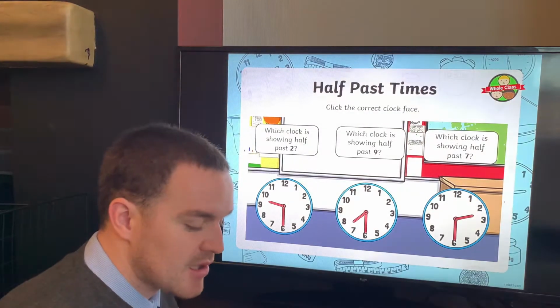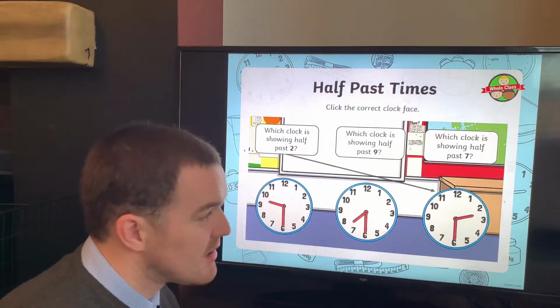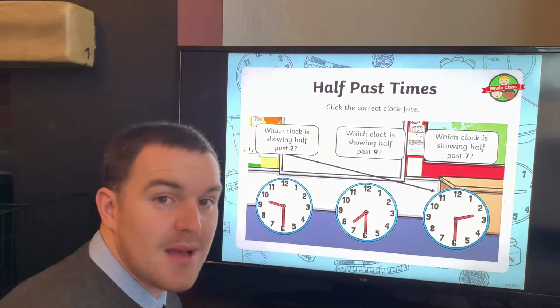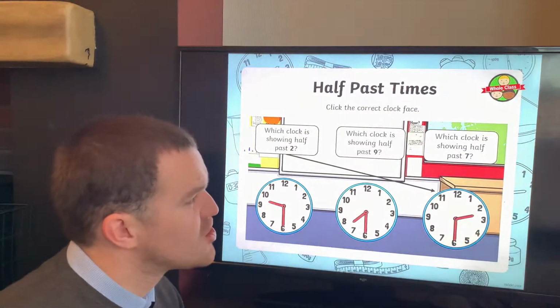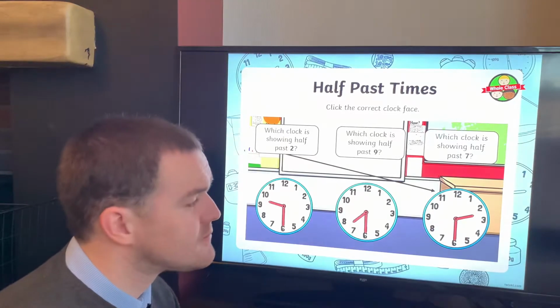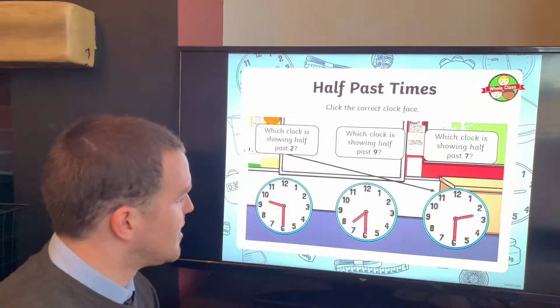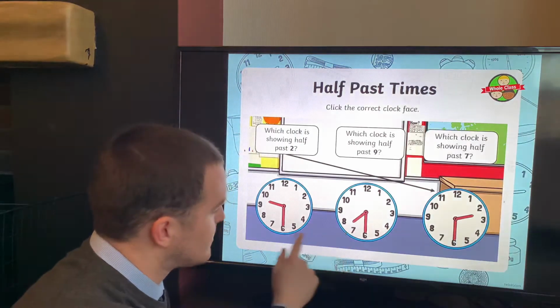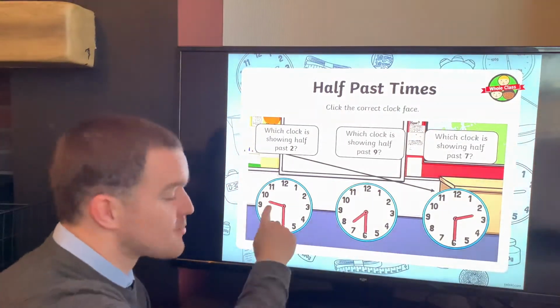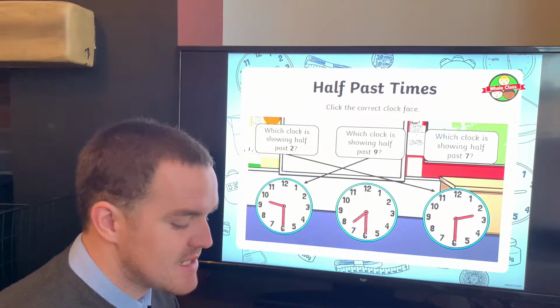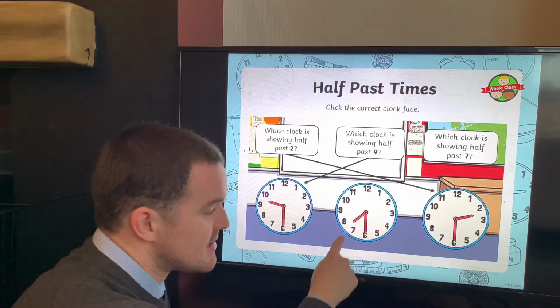Well done if you've spotted that this 3rd clock is 2:30 because it's in between 2 and 3 and it's just gone past the 2, okay? Which clock is showing 9:30? We've only got 2 to choose from. Well, that one's in between 7 and 8 and that one's in between 9 and 10, so we know this one's just gone past 9, 9:30. And our last one is 7:30.